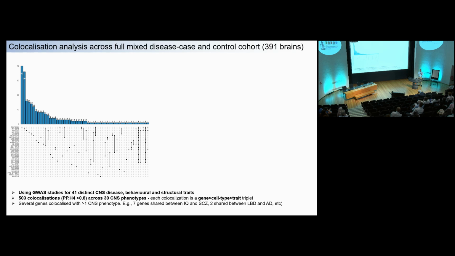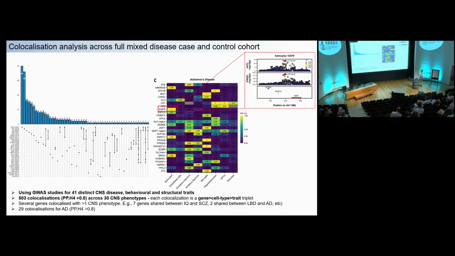We think that this might begin to explain the monotonic relationship we see between IQ and schizophrenia clinically. We also found 2 genes that were shared between Lewy body dementia and Alzheimer's disease, again suggesting perhaps convergent mechanisms for what are traditionally seen as divergent or distinct neuropathological neurodegenerative diseases.